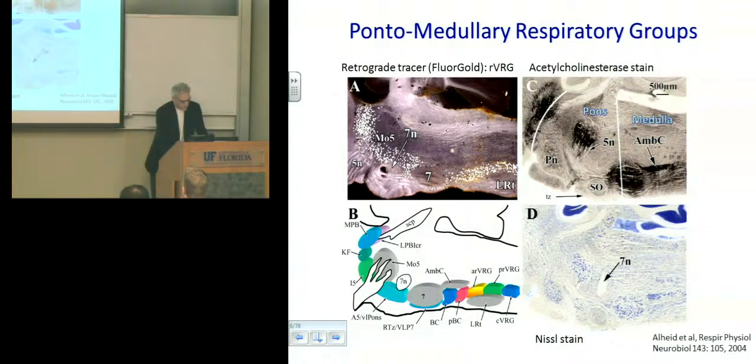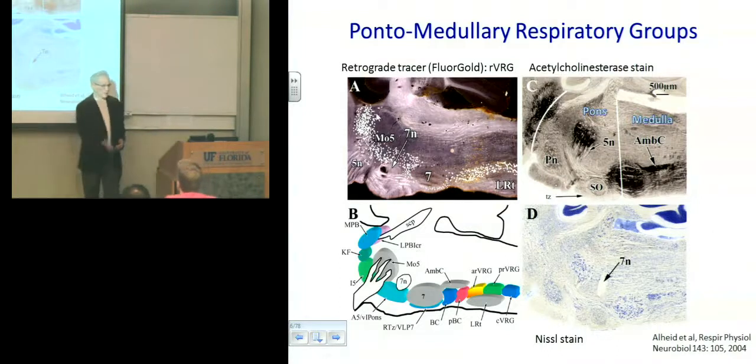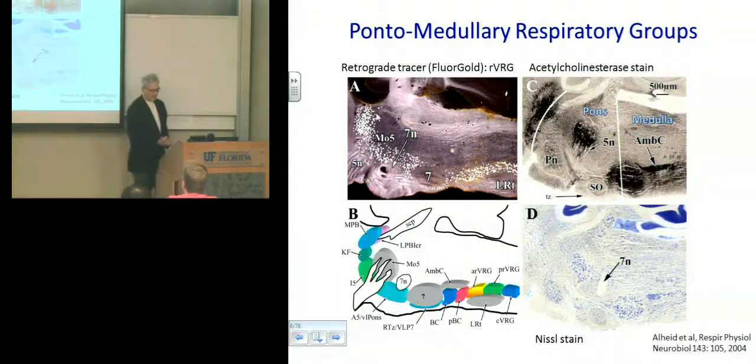And if you look at this retrogradely labeled population of neurons, you see that there's not a ventral respiratory column and a pontine respiratory group, but there's more or less a continuous column of neurons that extends all the way from the cervical spinal cord on up to the rostral dorsolateral pons.